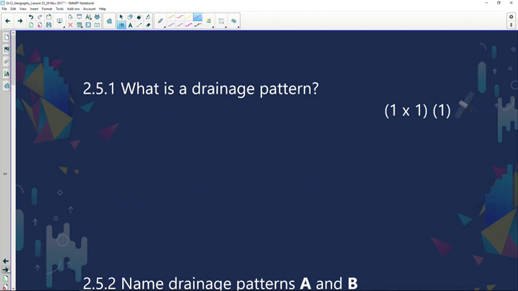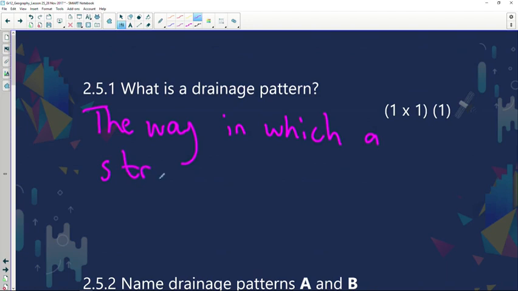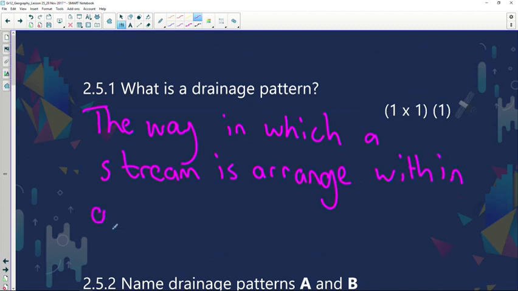Now the first question, what is a drainage pattern? It's the way in which a stream is arranged within a drainage basin. So what is a drainage pattern?